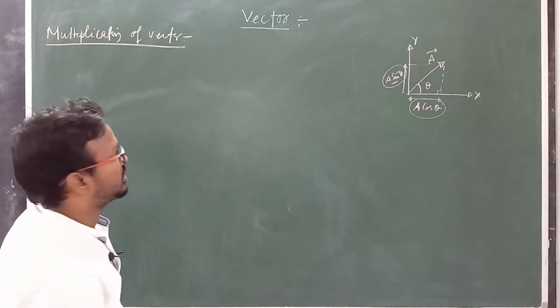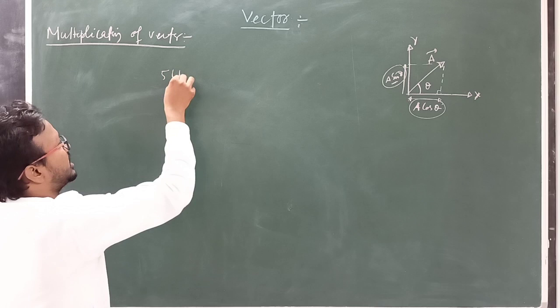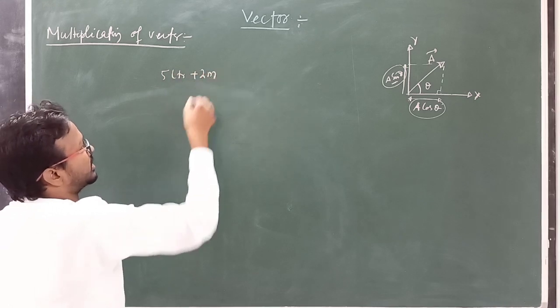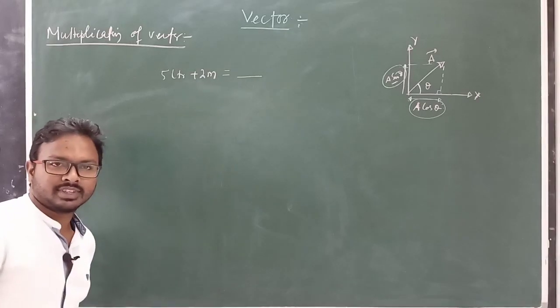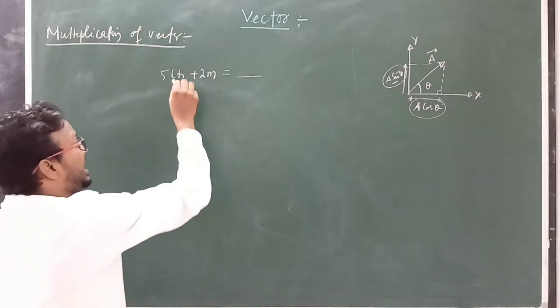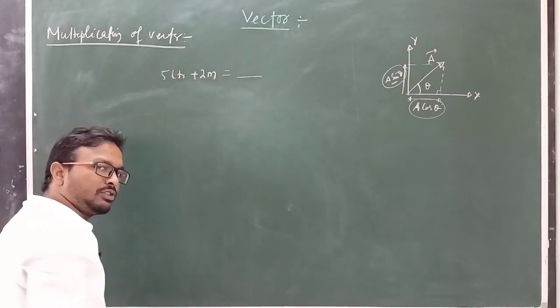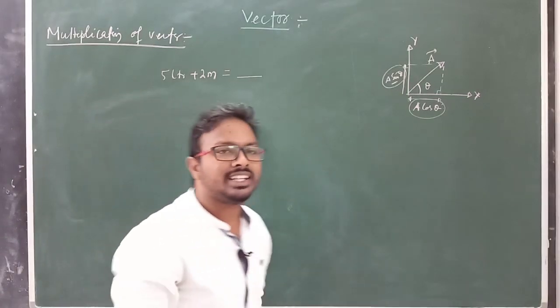We already discussed: suppose there is a physical quantity 5 liter plus 2 meter, then what will be your answer? In addition we have to use the principle of homogeneity, and liter and meter are two different physical quantities.